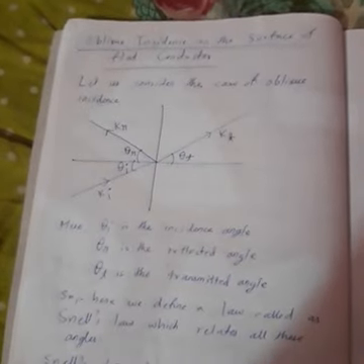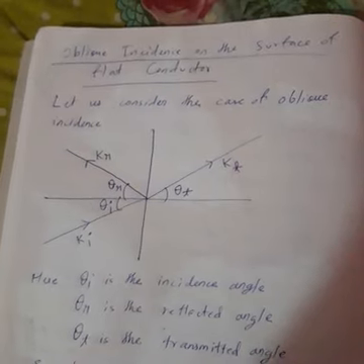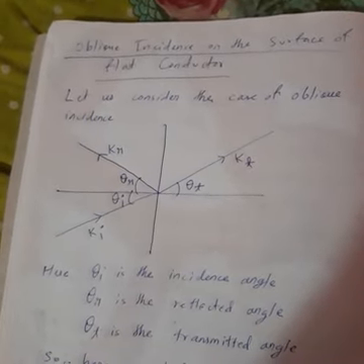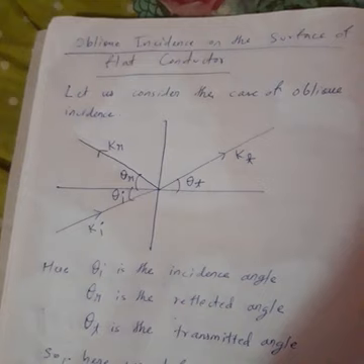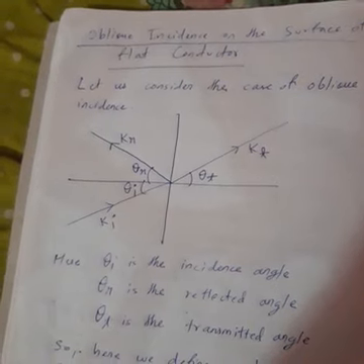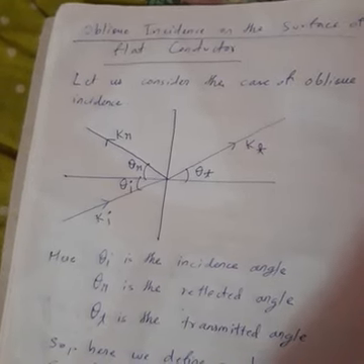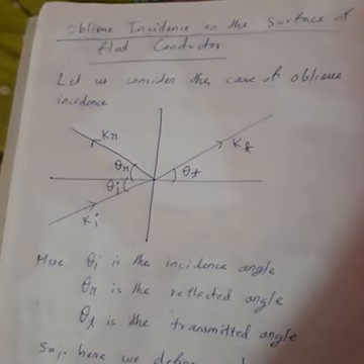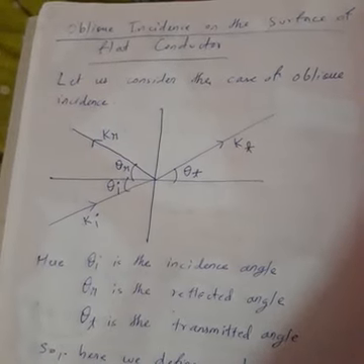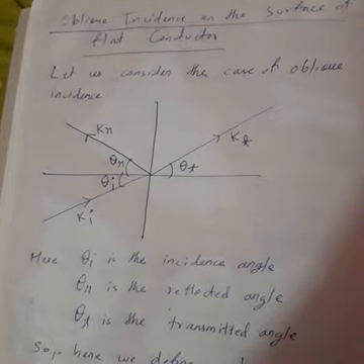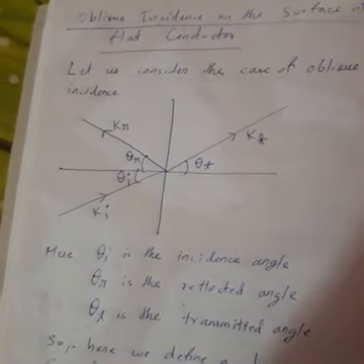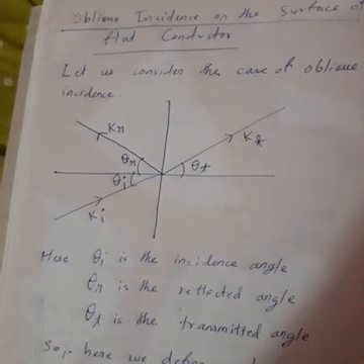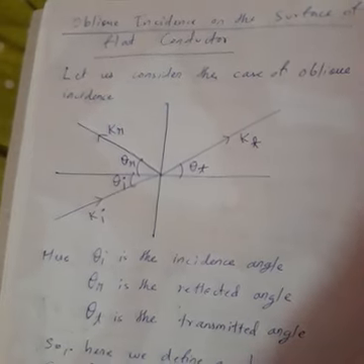Before going into the two cases of perfect conductor and dielectric, first a law is defined. That law is called Snell's law. This law gives the relationship between the various angles created here: incidence angle, reflected angle, transmitted angle. So what is Snell's law telling?